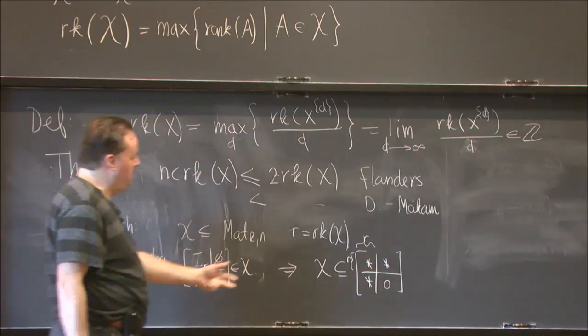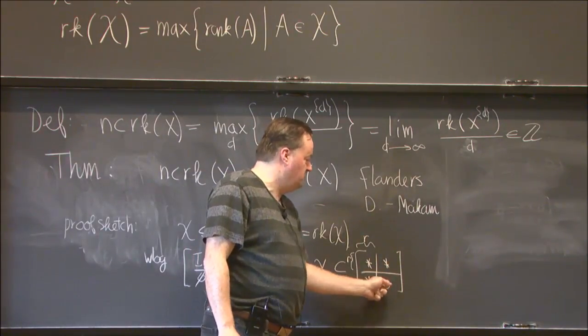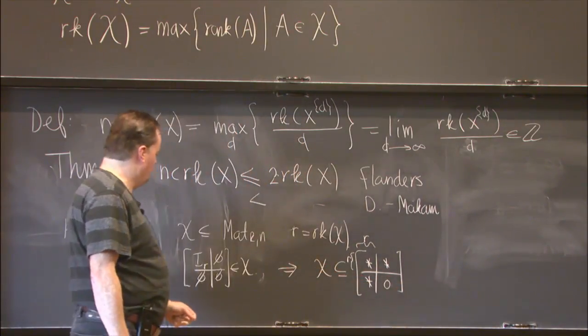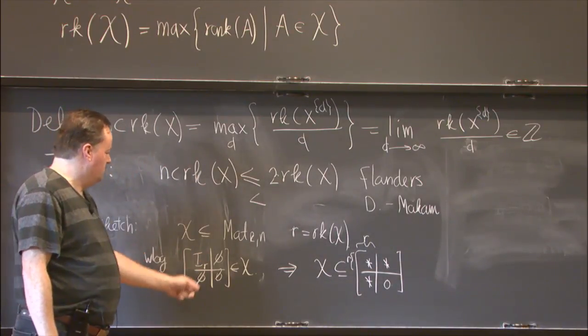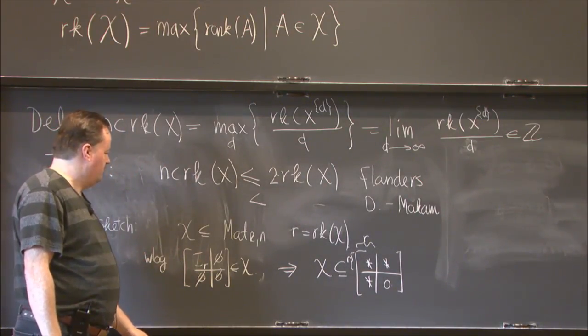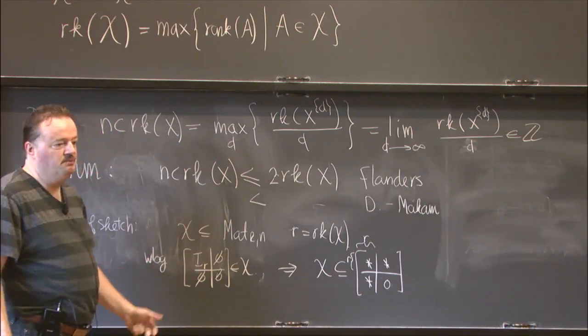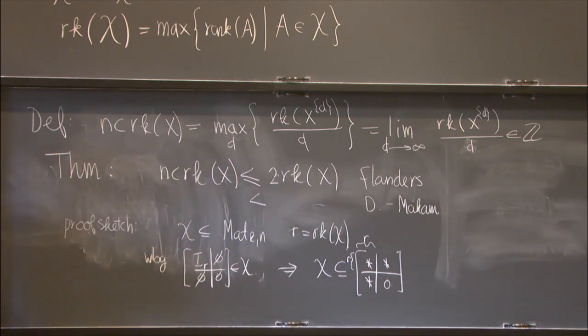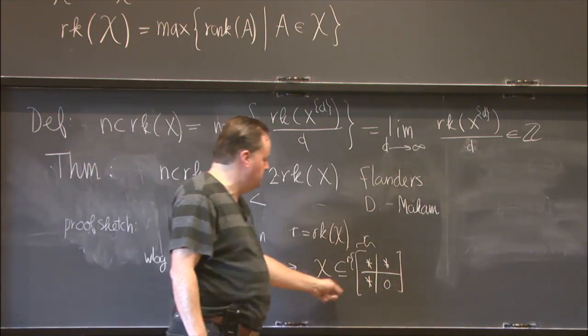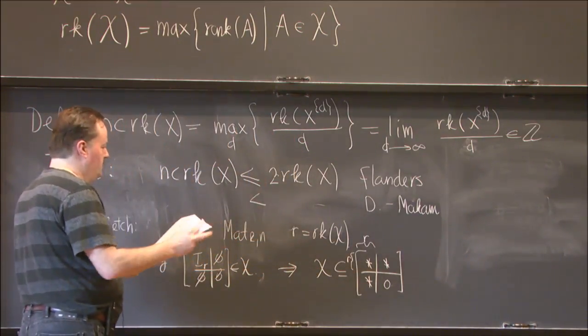Because if you have any matrix that has a non-zero entry here, and you add some random multiple of this to that matrix, then the rank is going to be more than R. So it forces all the matrices to be of this form.